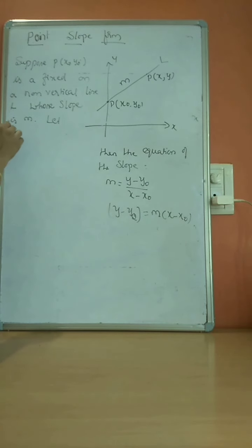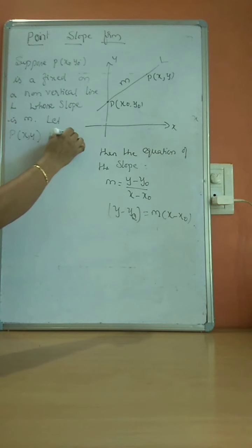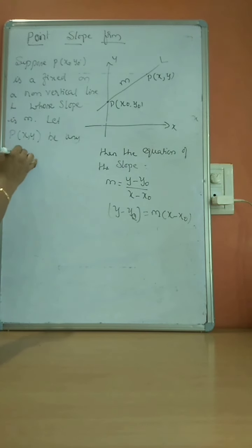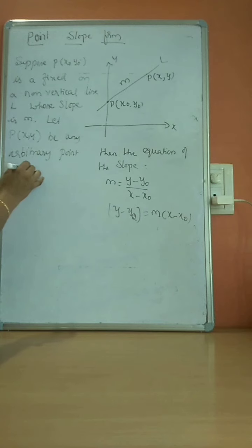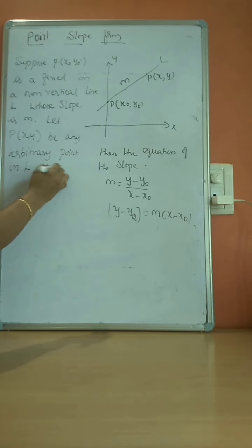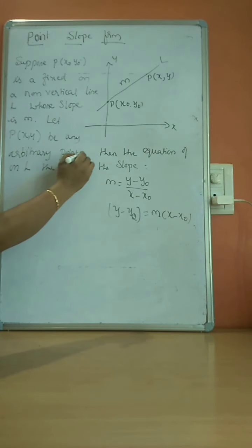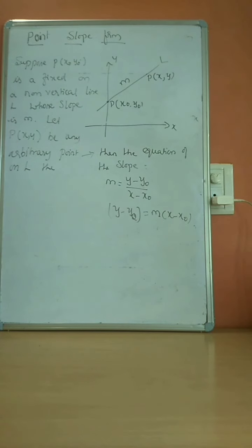Let P of x, y be any arbitrary point on L. Then the equation of the slope m is equal to y minus y naught divided by x minus x naught.